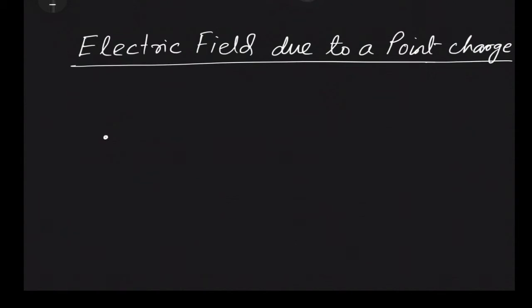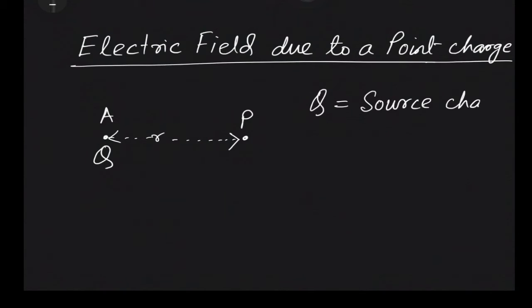Say in space I have some point A where I am placing a charge capital Q, and here is the point P where I want to calculate the electric field due to this charge capital Q. Say this point P is at a distance of r from charge Q. Since I am calculating the electric field due to charge capital Q, I am calling it the source charge.